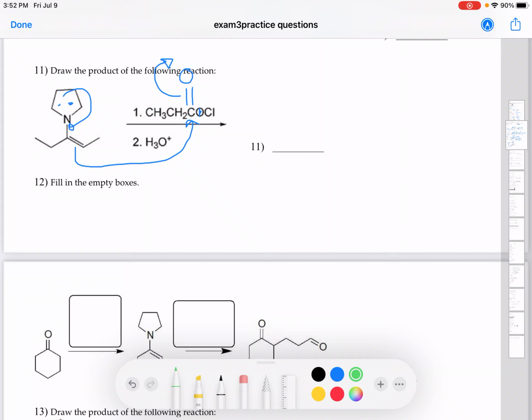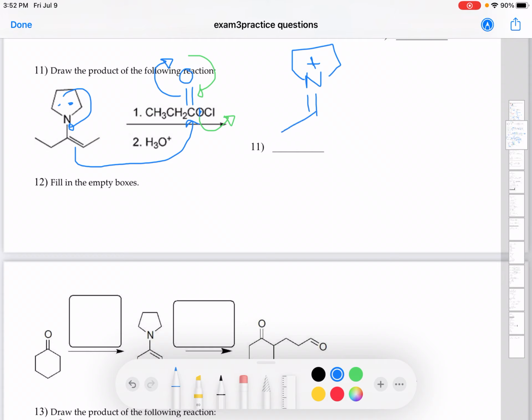The next step, O minus will reform the carbonyl bond and it leaves the chloride. So I did a few steps in one structure, but you got the idea. The product that you're going to form is going to be something like this.